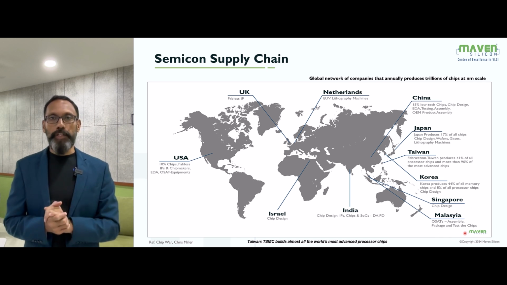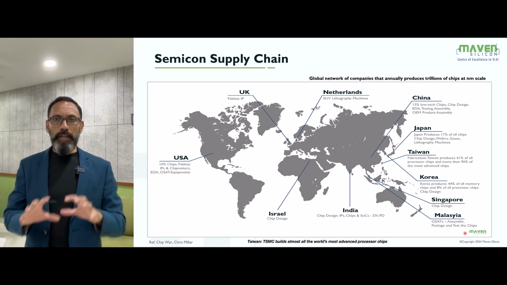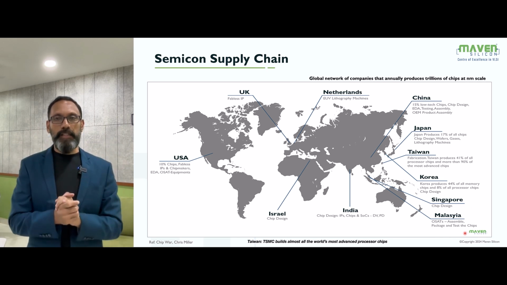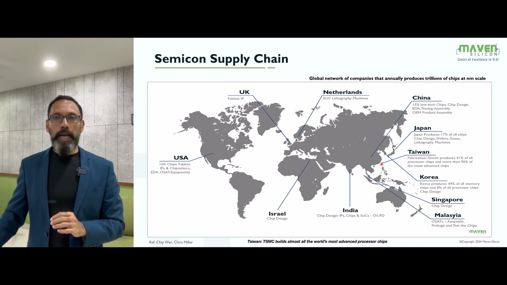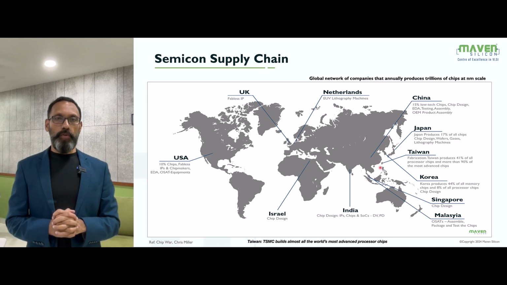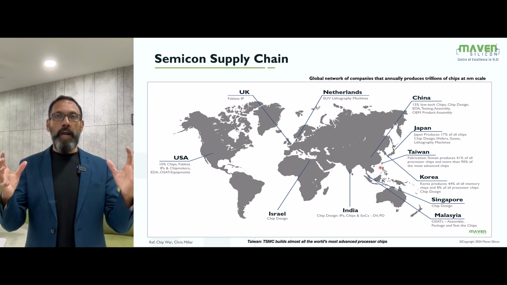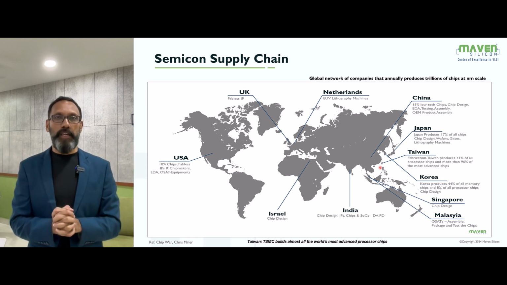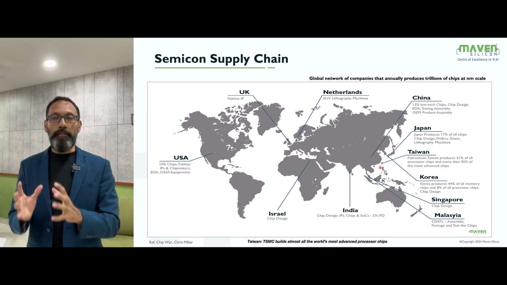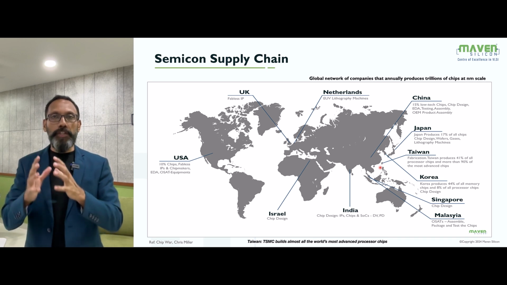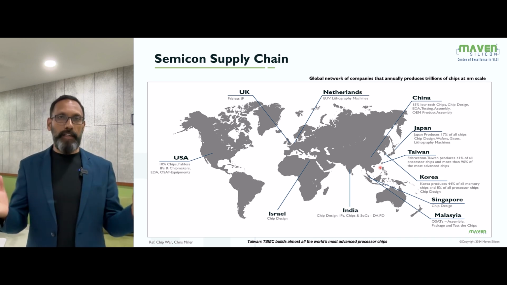Now, one thing I would like to share with you. If you consider the fabrication, mostly it happens in Taiwan. So, what's happening in the world is that the entire world is looking at how to balance the supply chain. Instead of doing everything in one place, can we distribute it across various countries?